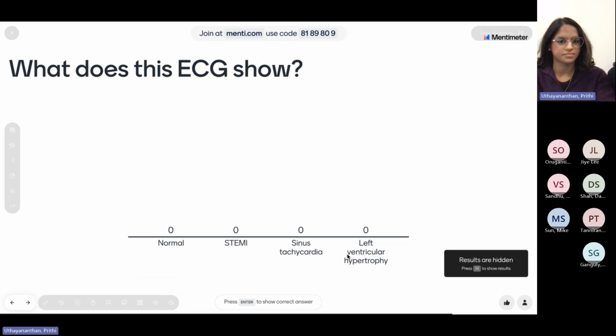So finally, what do we think is the diagnosis from this ECG?